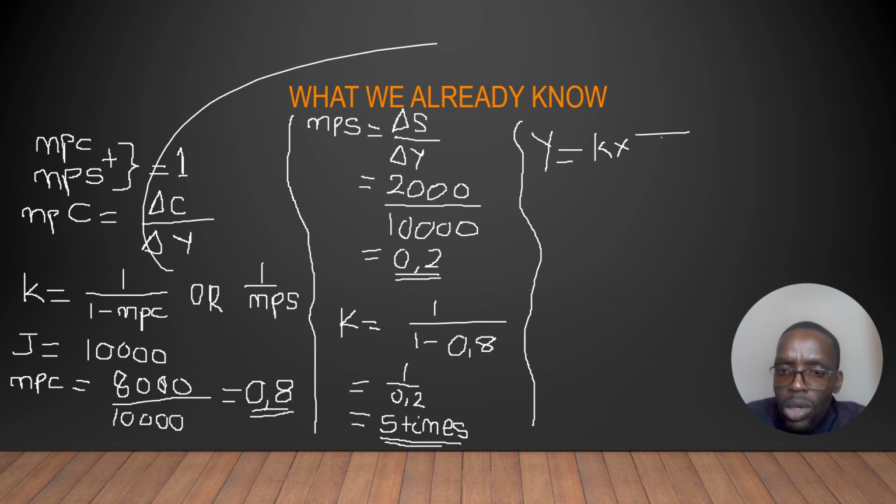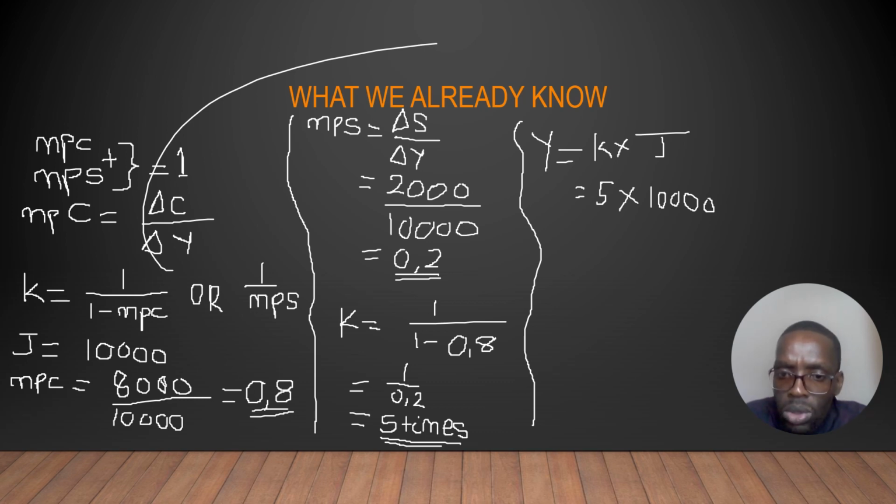The value of the multiplier is 5, so 5 times 10,000, which is the amount that was injected, correct?